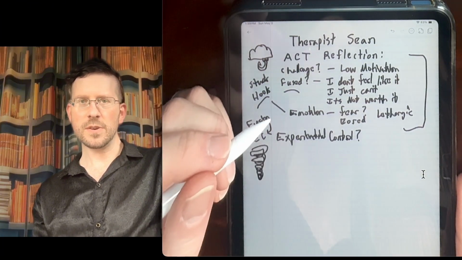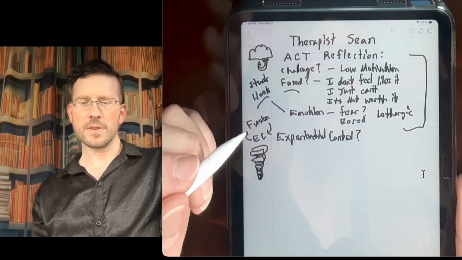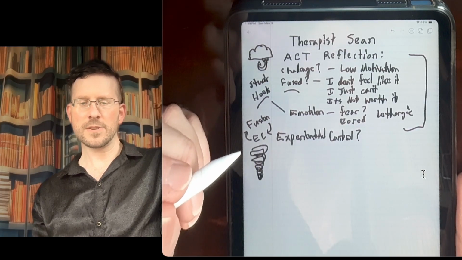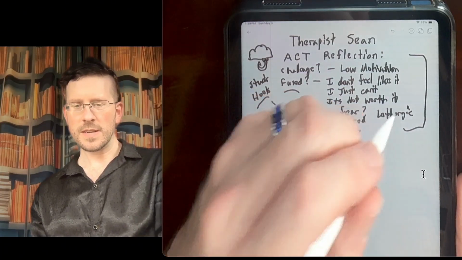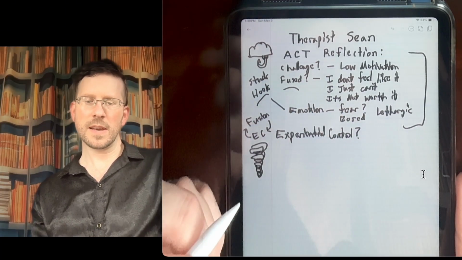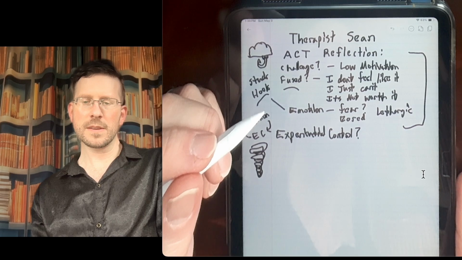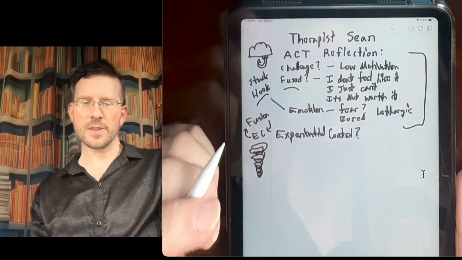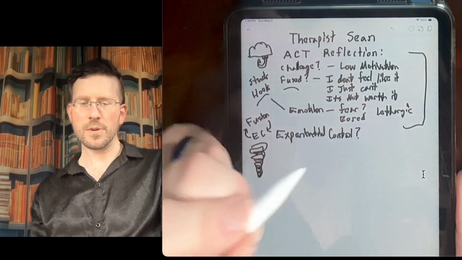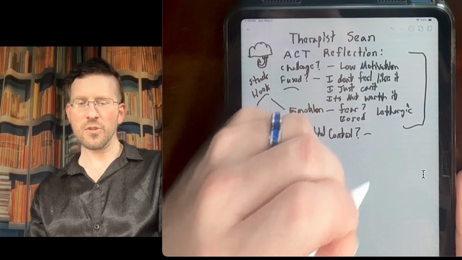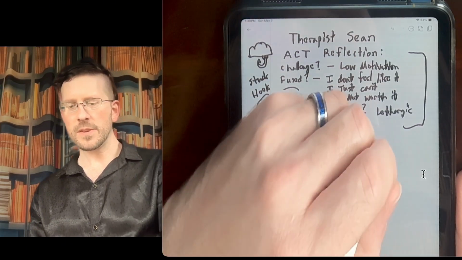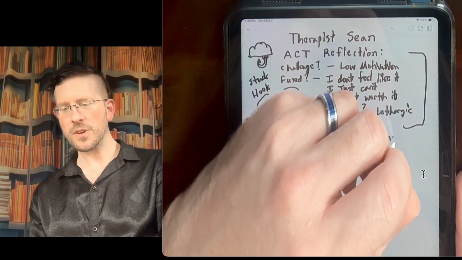So the control in this case, let's say you're stuck in bed or on the couch and you're not feeling much motivation. There are all kinds of cognitions here telling you, I don't feel like it, I can't, it's not worth it. Whatever kind of negative self-talk is showing up, whatever kind of emotions are showing up with that, and then you're sitting there with it, and the control might be that the couch or the bed feels good.